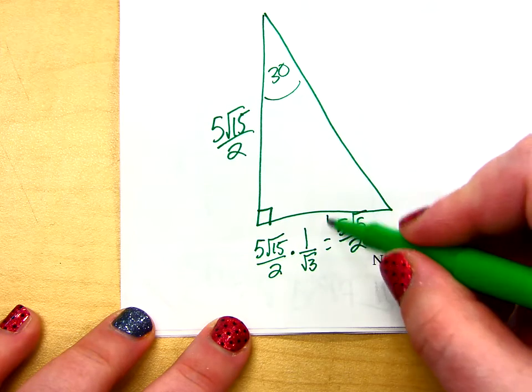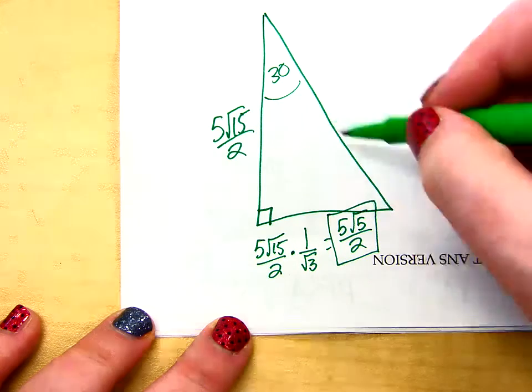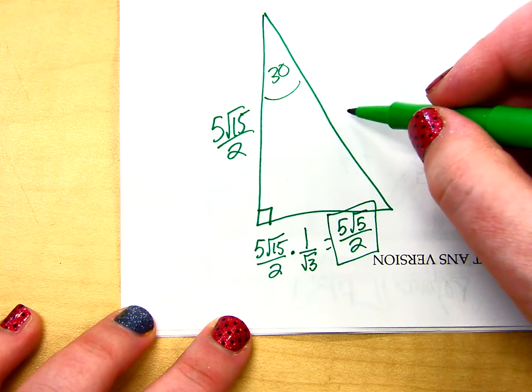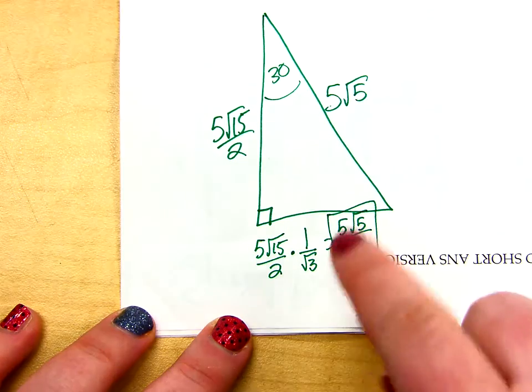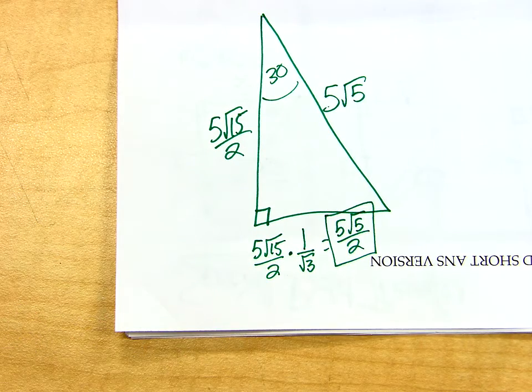So, if the short side is 5 root 5 over 2, what's the hypotenuse? 5 root 5, correct. So I just have to take that and times it by 2. Okay, do these make sense? A lot of square roots going on here. Okay, so let's stop here.